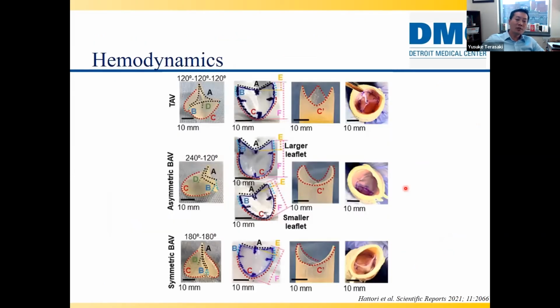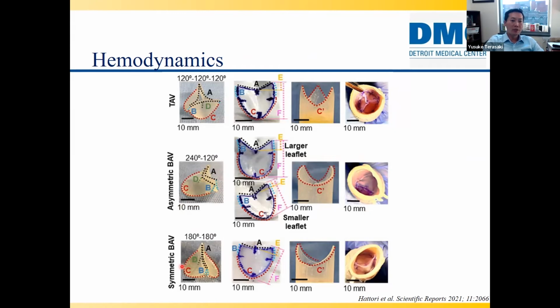So this team out of Japan took a step further and actually recreated different types of valve anatomies using bovine pericardium. Here is a normal anatomy tricuspid aortic valve that they recreated. They created an asymmetric type of bicuspid aortic valve, which is kind of like the type 1 BAVs that we talked about.